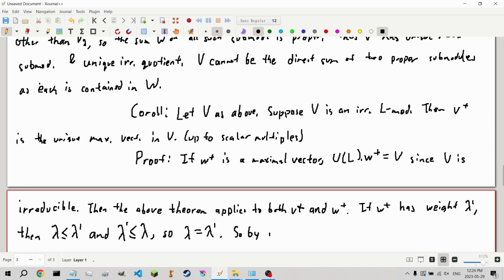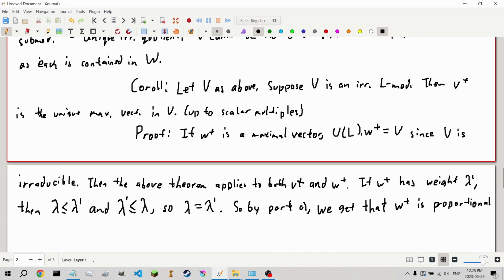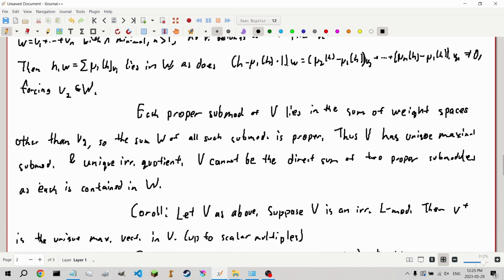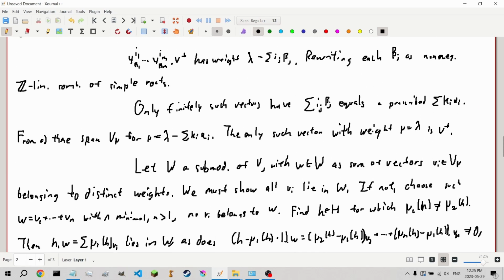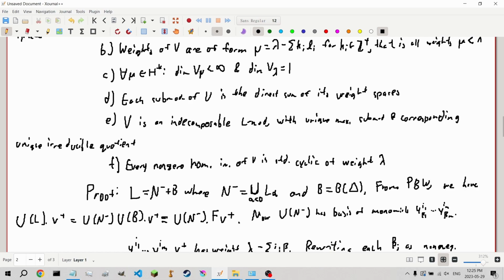So by part C, we get that W plus is proportional to our V plus. And that'll be the end of this theorem, end of this section 2.